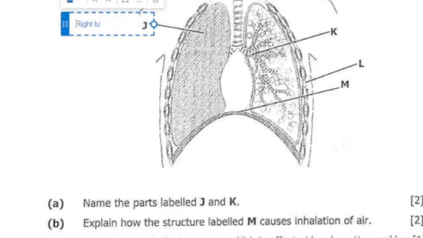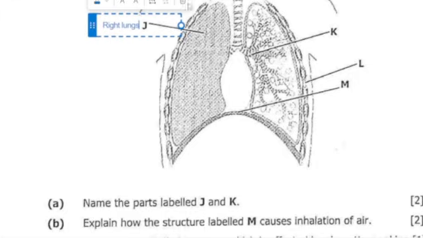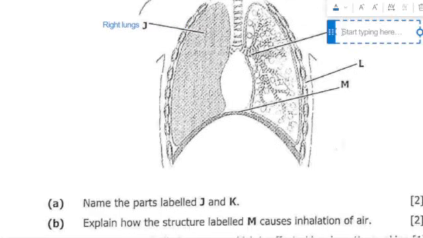Okay, those are lungs which are found on the right side. Right lungs. Then let me just bring it closer. Okay, very good. We come to K. K, that is the left bronchus. So that is left bronchus.